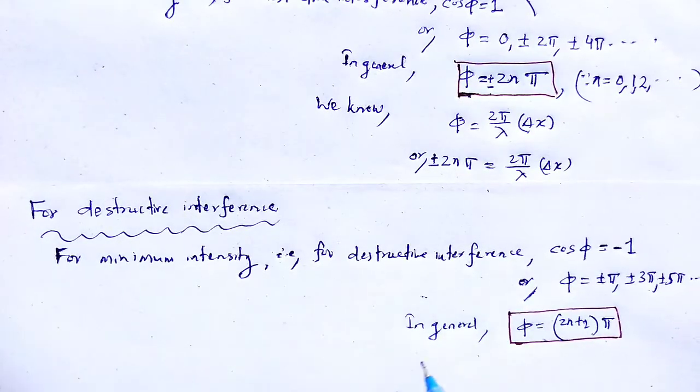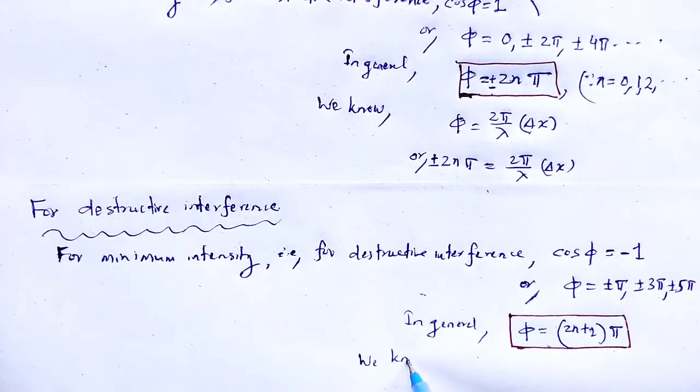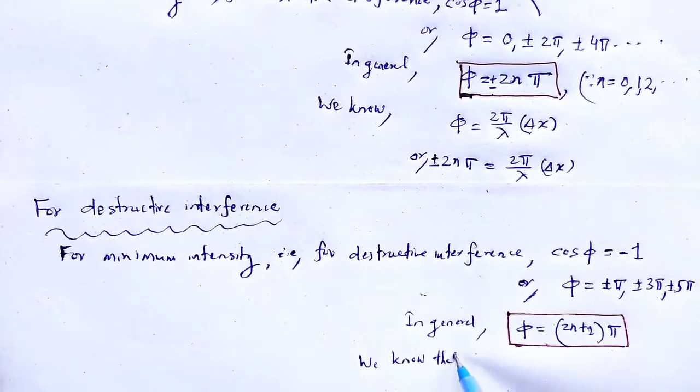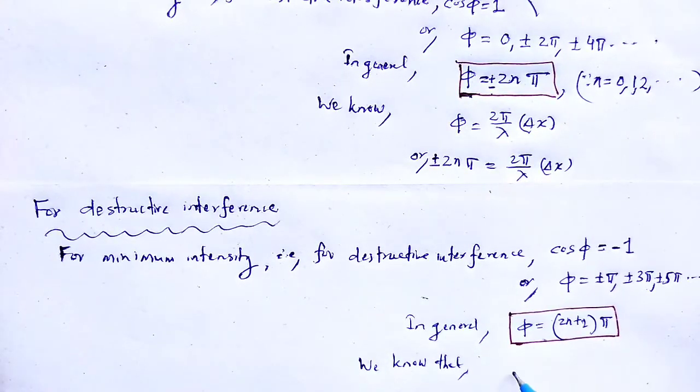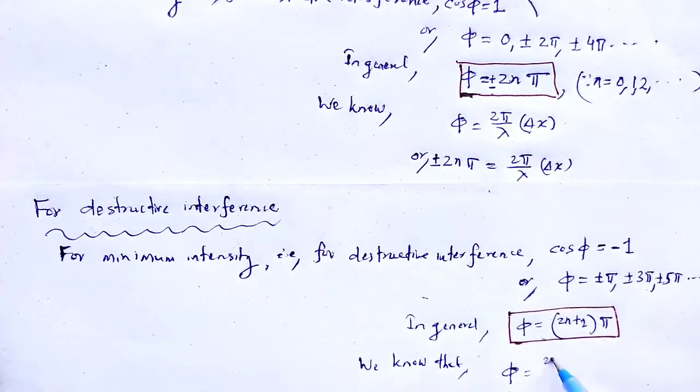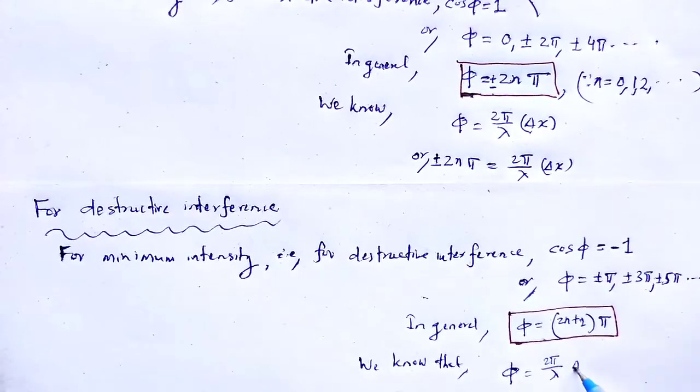Again, we know that the phase difference is 2π by λ into path difference.